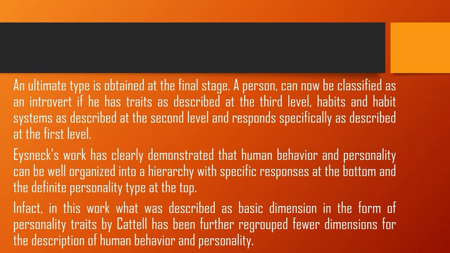Eysenck's work has clearly demonstrated that human behavior and personality can be well organized into a hierarchy, with specific responses at the bottom and the definite personality at the top. In fact, in this work, what was described as the basic dimensions in the form of personality traits by Cattell has been further regrouped into fewer dimensions for the description of human behavior and personality.